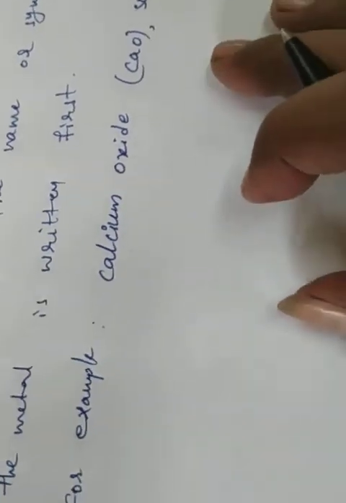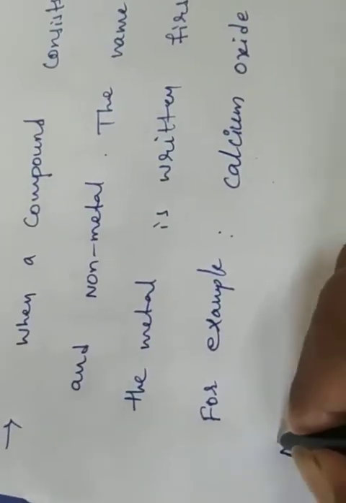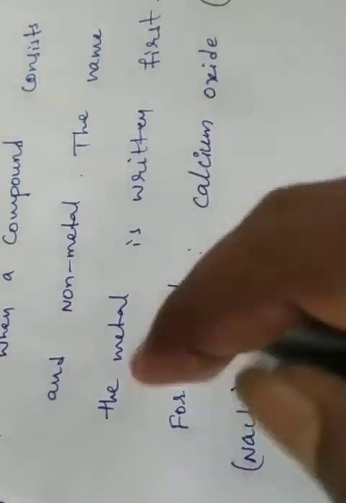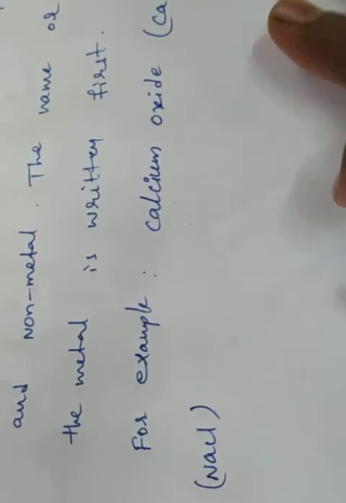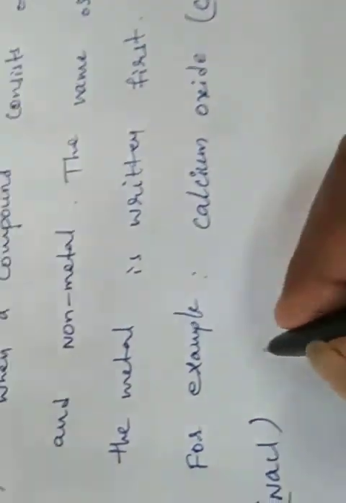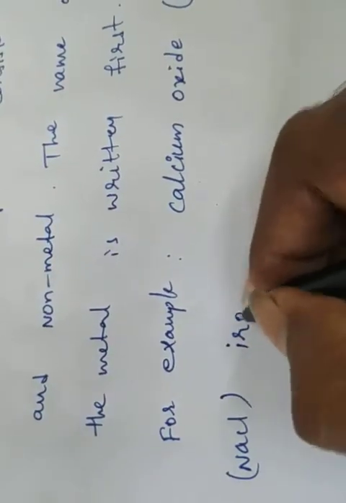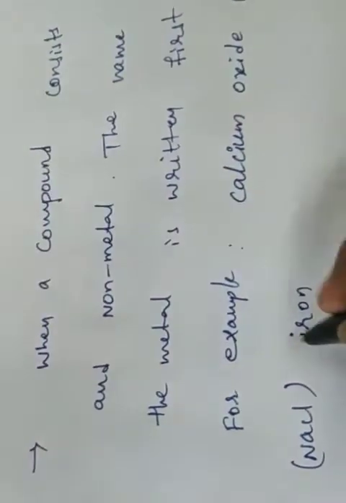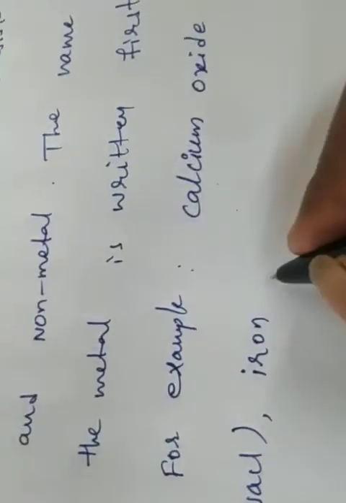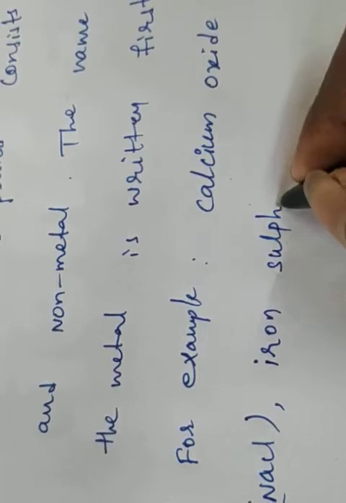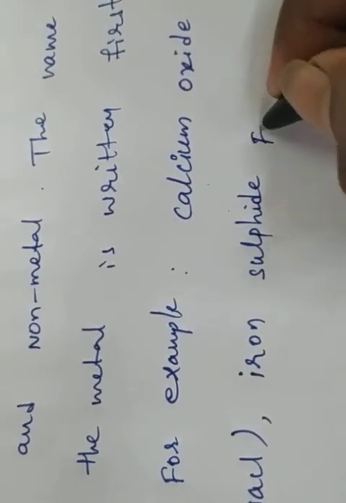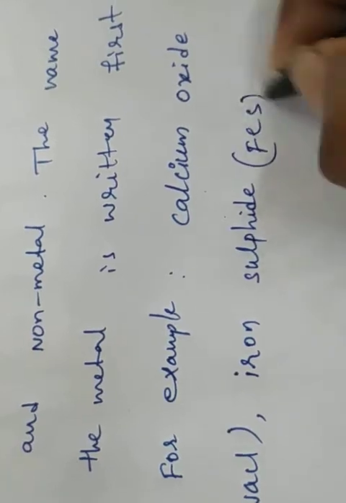What is the formula of sodium chloride? NaCl. And iron sulfide. What is the formula of iron sulfide? Iron means Fe, sulfide S.